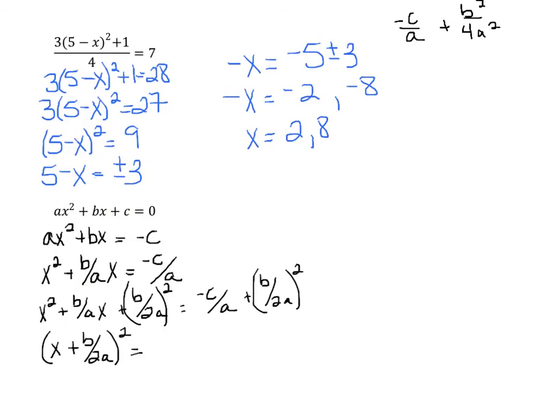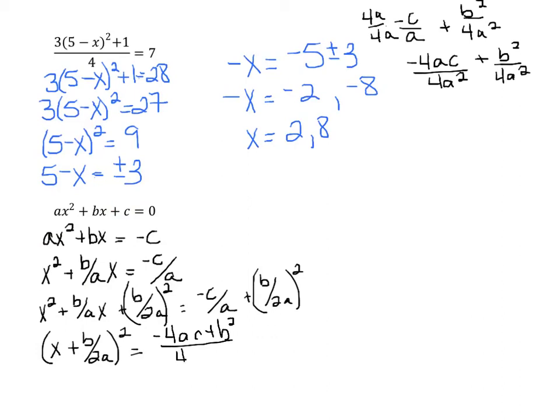And then in order to add these, you have to multiply by 4a over 4a. So you have negative 4ac over 4a squared plus b squared over 4a squared. So that's how we put those together, and we get negative 4ac plus b squared over 4a squared.